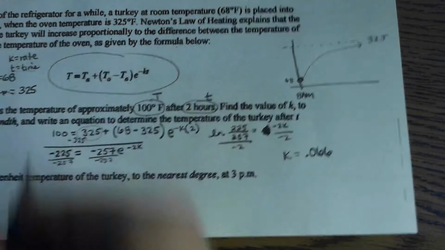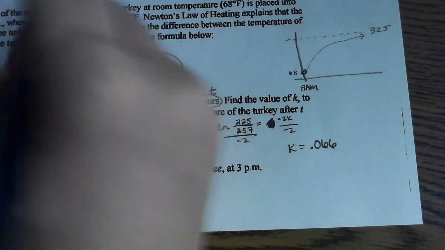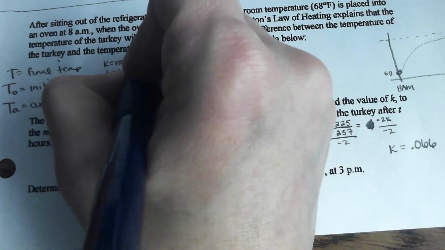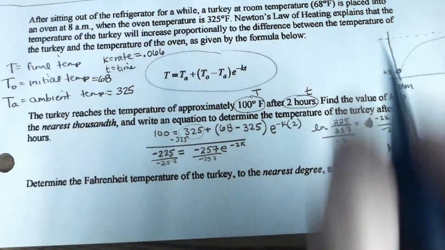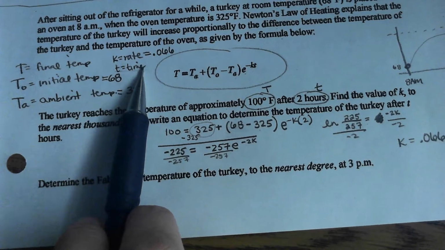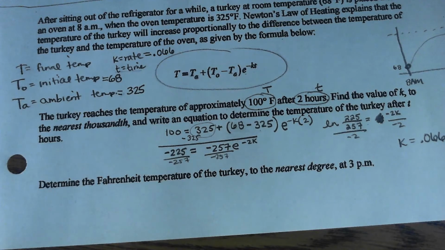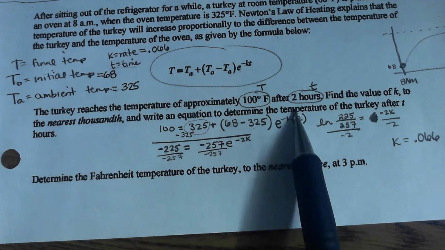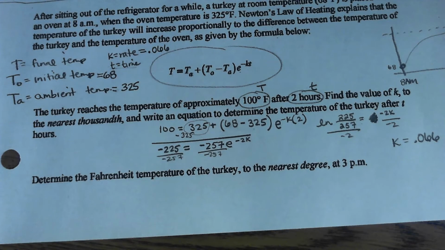So that now goes back up here, and that rate is going to be consistent for the rest of the problem, 0.066. The amount of time that's in the oven can still vary, and the final temperature can vary. They just gave me that one circumstance that allowed me to find the constant rate.